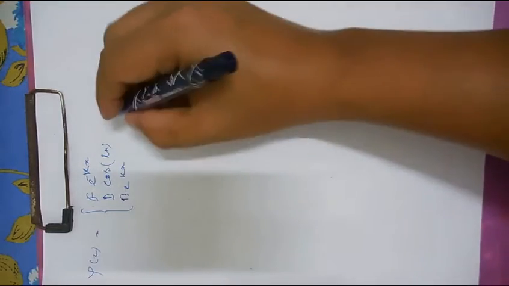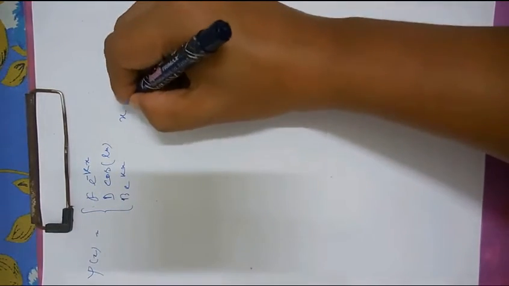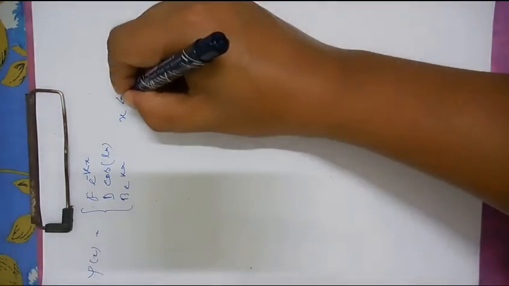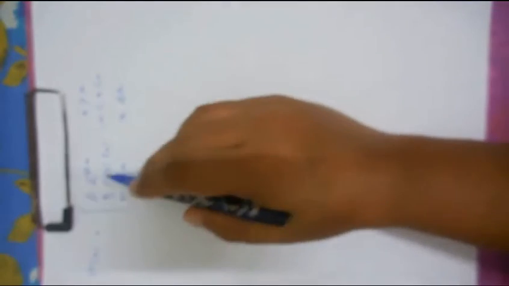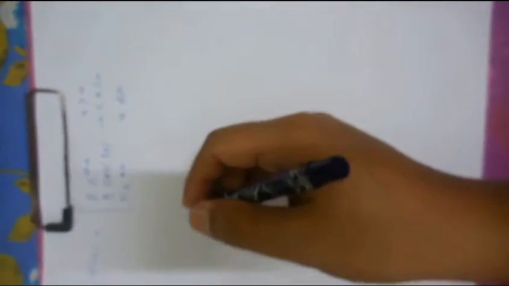We have already calculated this one, for x less than minus a, and this is for x greater than a. In a similar way you can find the solution for x greater than a, where the potential is 0.